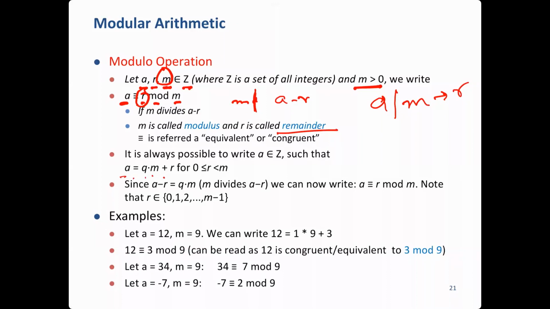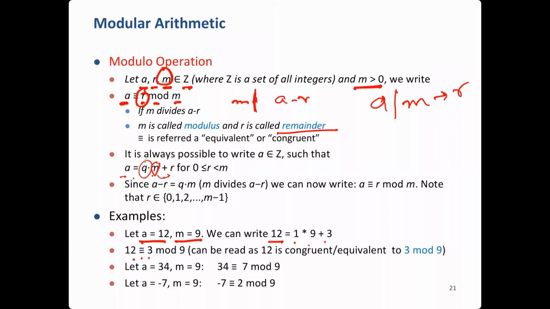But q is usually not important for us. What is important is m and r. Okay, so look at all these examples. A is equal to 12, m is 9, then we can write 12 is 1 into 9 plus 3. Okay, so we can write 12 is equivalent to 3 mod 9.